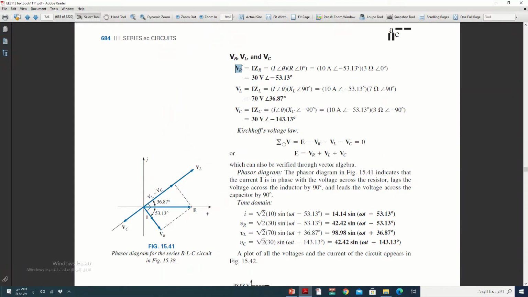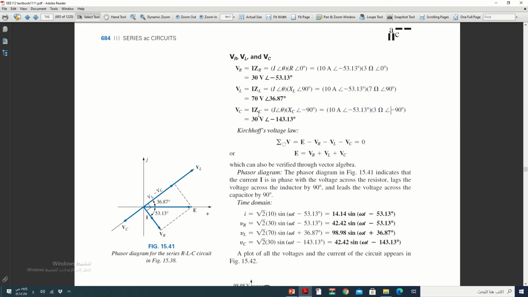Now we need to find VR, VL, VC to calculate the V total, because it's a summation, since we are in the series circuit. Okay, VR is I multiplied by ZR, VL is I by ZL, VC is I by ZC. Only substitute 10, since the current is the same, only changing the value of the resistor, inductor, capacitor.